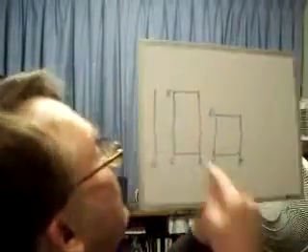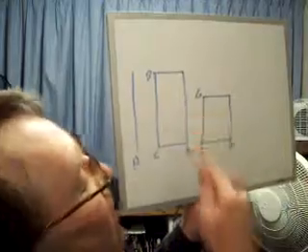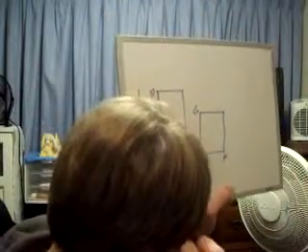Therefore, also, as the square on BC is to the square on EG, so let's say we squared this, and we also squared this, okay?